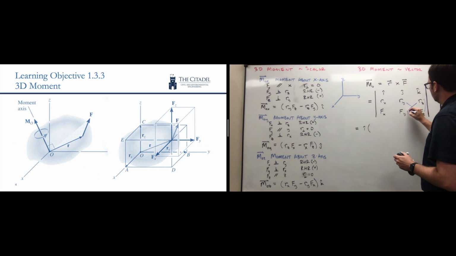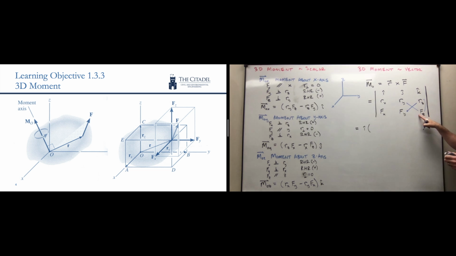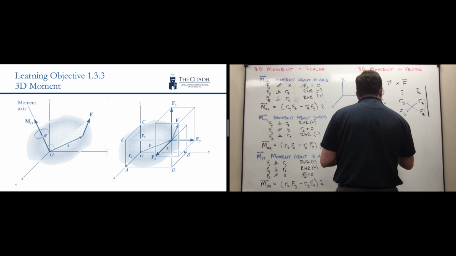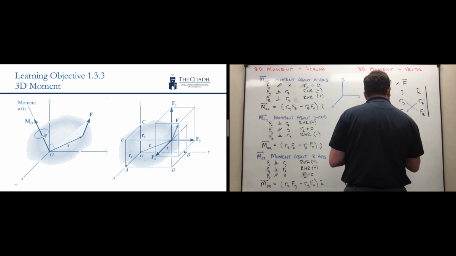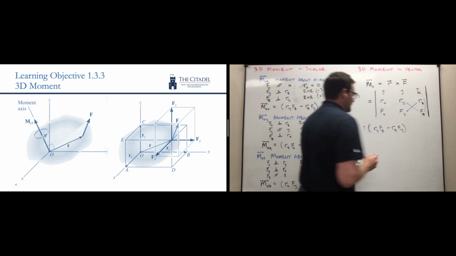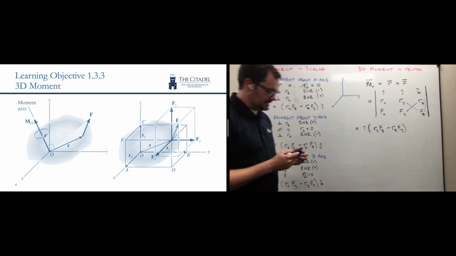And so I'm going to do Ry times Fz. When I move up, it becomes negative Rz times Fy. Again, hopefully this is something you learned in a math class. Maybe you learned a different method. That's fine. And we get something like this.